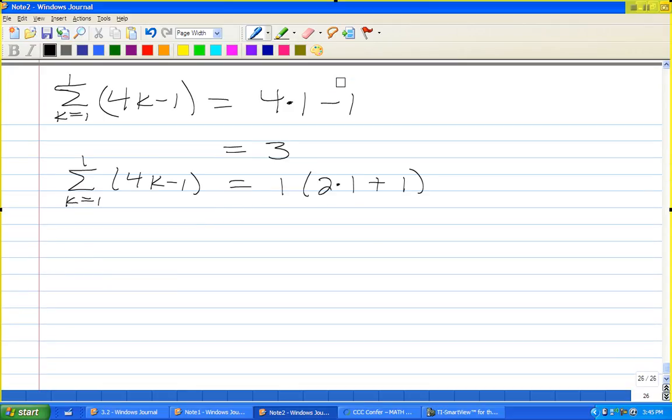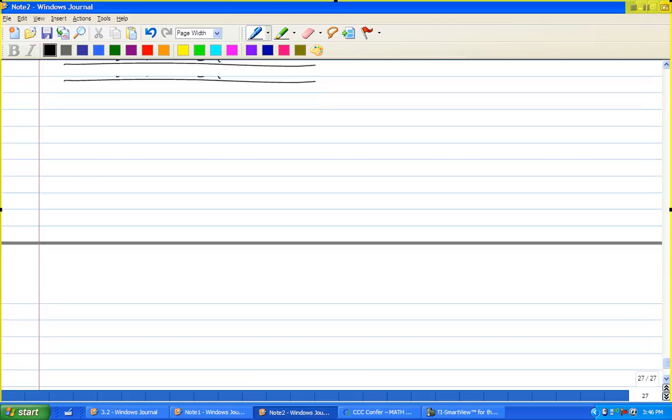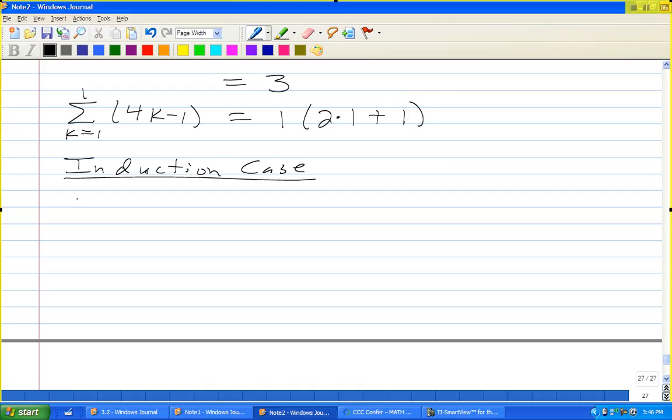Let's do the induction case. So suppose that this formula works for the first m natural numbers.